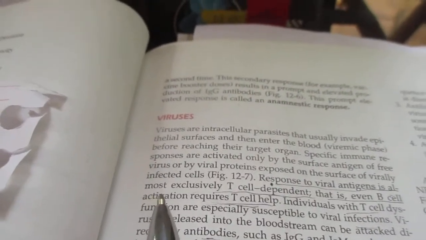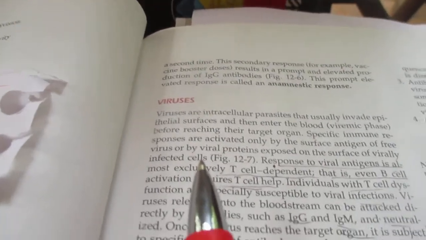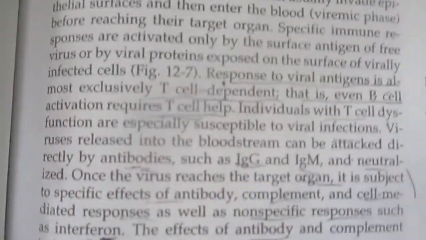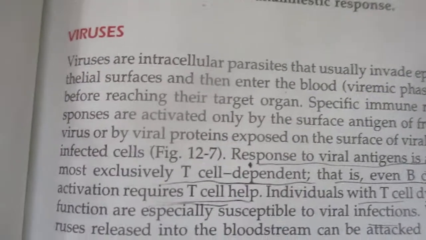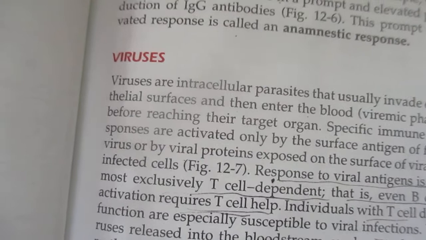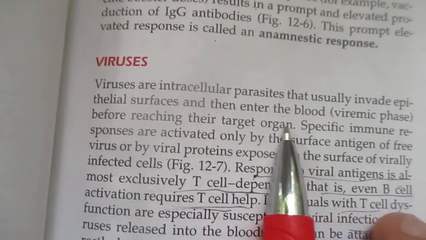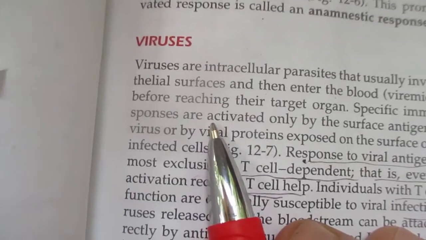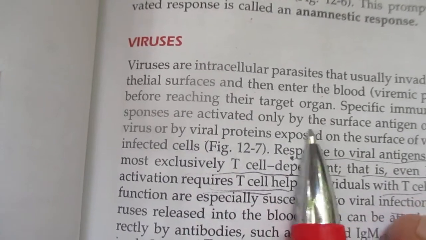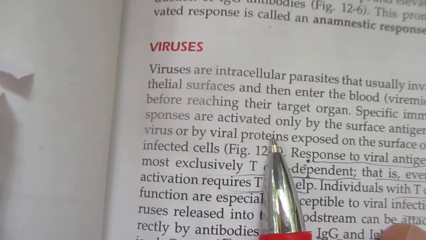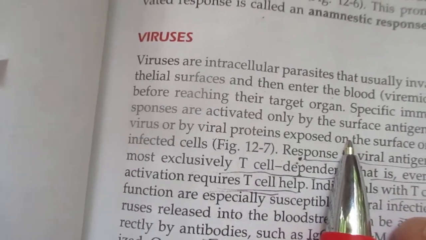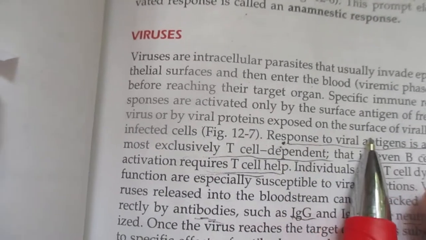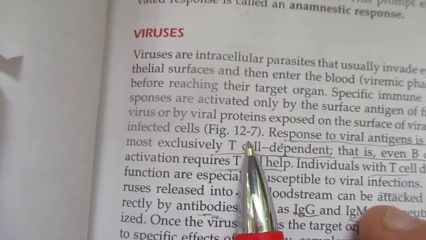Viruses are intracellular parasites. Okay, that right there, we can read it. They usually invade epithelial surfaces and then enter the blood, viremic phase, before reaching their target organ. Specific immune responses are activated only by the surface antigen, a free virus, or by viral proteins exposed on the surface of viral infected cells.